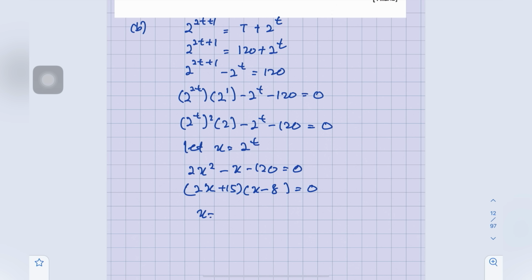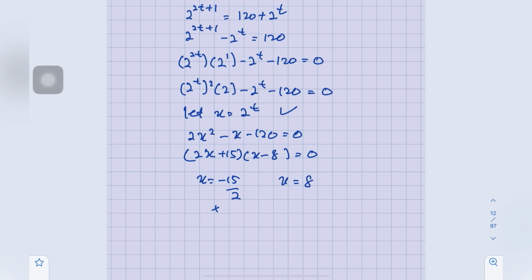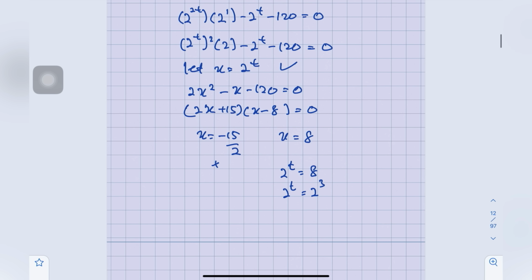Okay, so then x equals negative 15 over 2 and x equals 8. Okay, just now x is 2 power of t. So this one, we cannot solve because it is negative. So 2 power of t equals 8. Okay, 8 is 2 power of 3. So then we compare. So therefore, t equals 3.